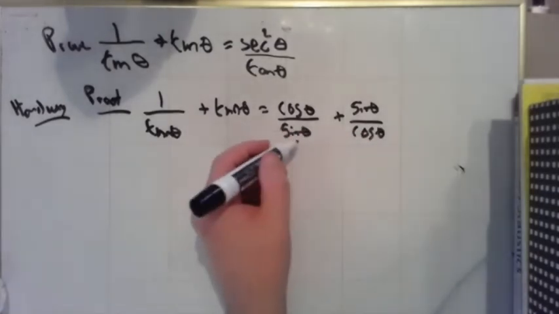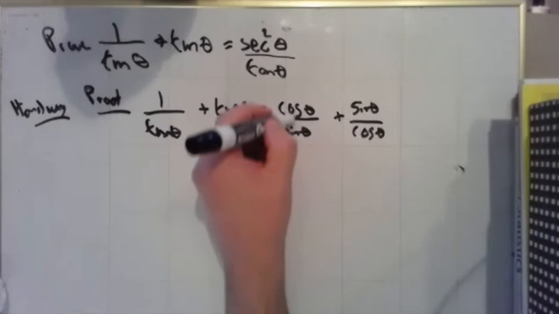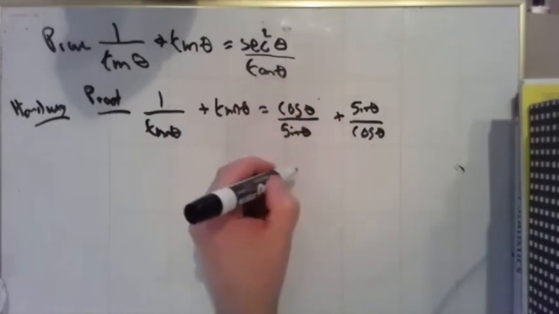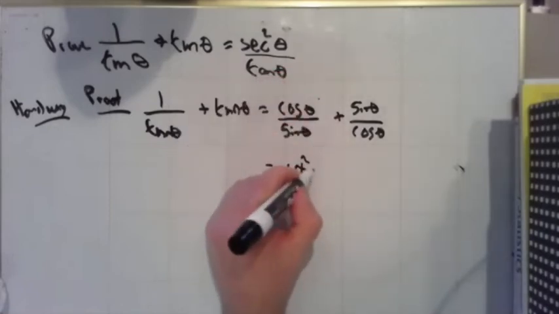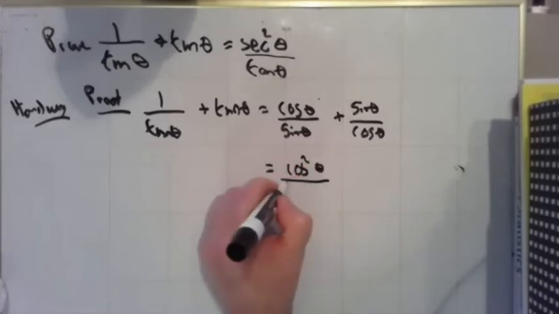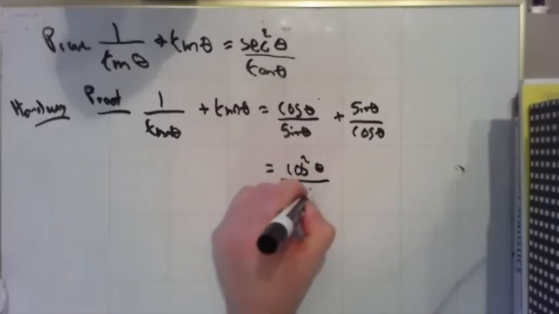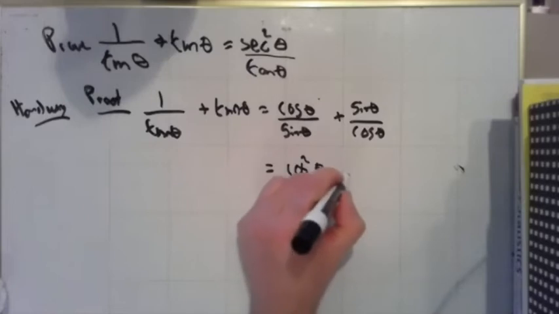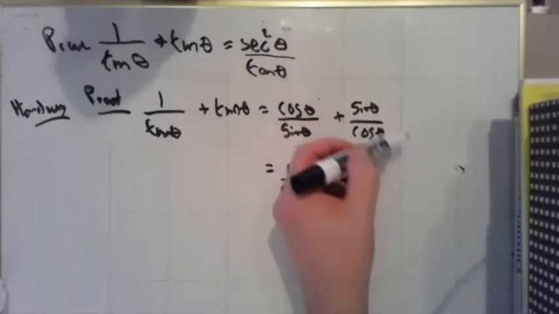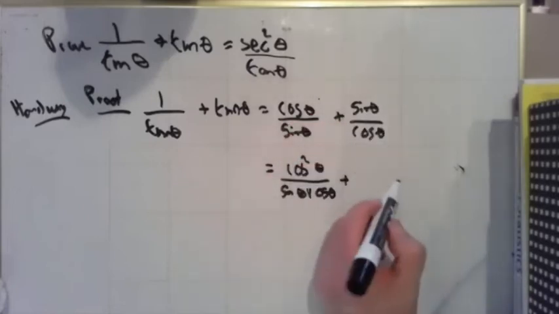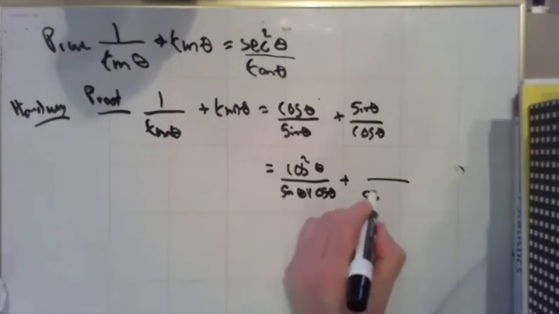Common denominator would be sine cosine. This guy needs cosine top and bottom. So cosine squared over sine cosine plus this one, in order to get that denominator, sine cosine.